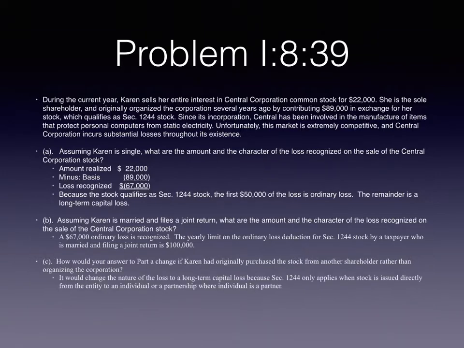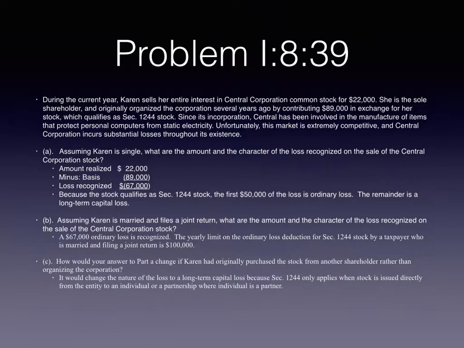herself? So basically, the reason that this would change is because if Karen had purchased it from another shareholder, she wouldn't be purchasing it directly. And if you look at 1244, the provisions in 1244 allowing for the certain, either the 50 or the 100,000 to be used as an ordinary loss do not apply if it's not stock issued directly from the entity to either an individual or a partnership where the individual who's trying to claim the ordinary loss characterization is a partner.